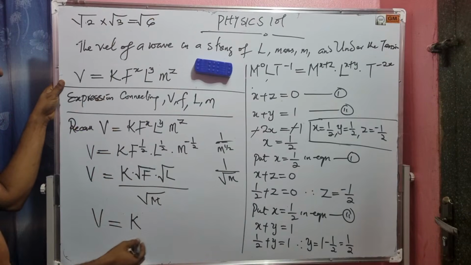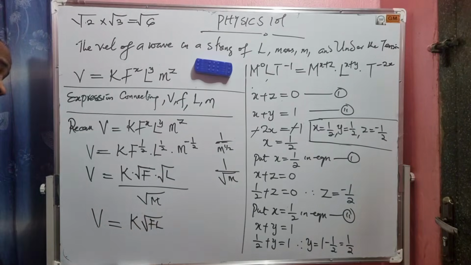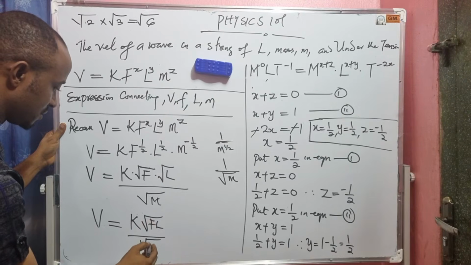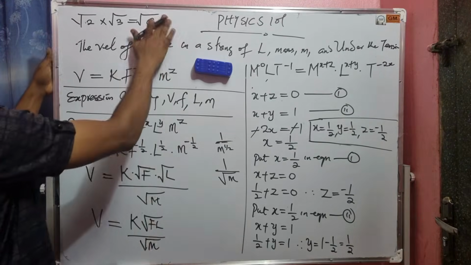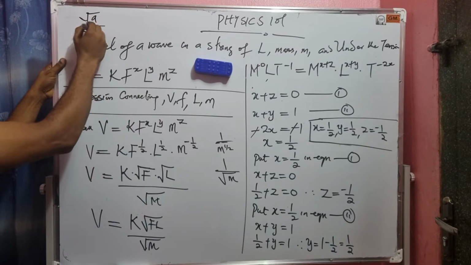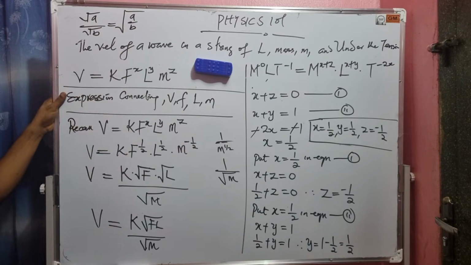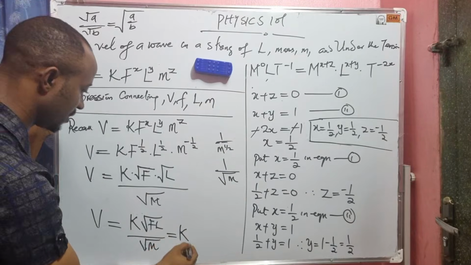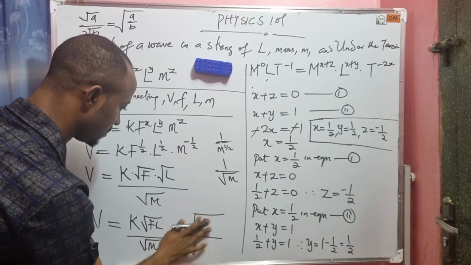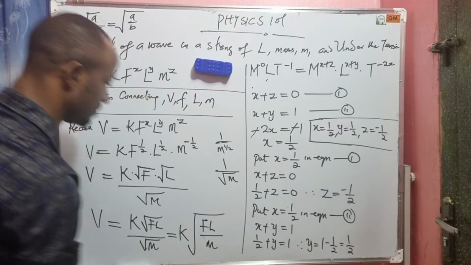Root F times root L will give us root FL, divided by root M. There's another law of division that says root A over root B is equal to root of A over B. So this becomes K root FL divided by mass.